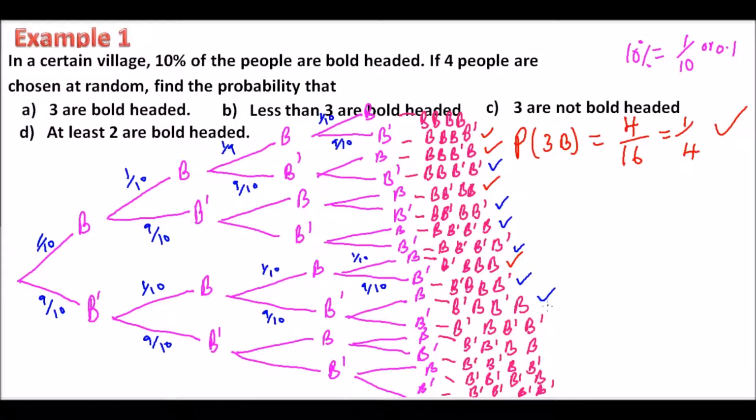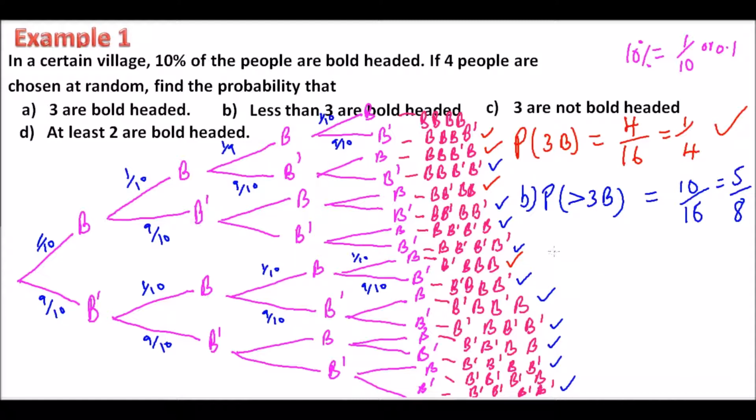Here we have also 2, here we have 1, here we have that. So 1, 2, 3, 4, 5, 6, 7, 8, 9, 10. So the probability that less than 3 are bold-headed is 10/16, which when you simplify is 5/8.